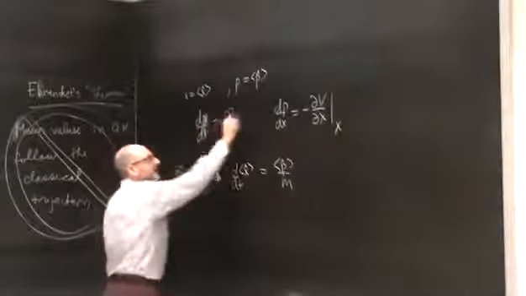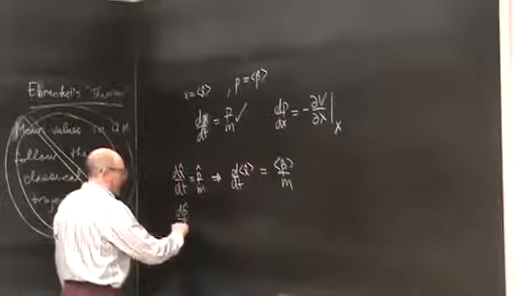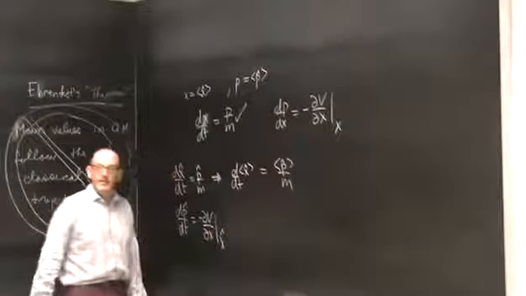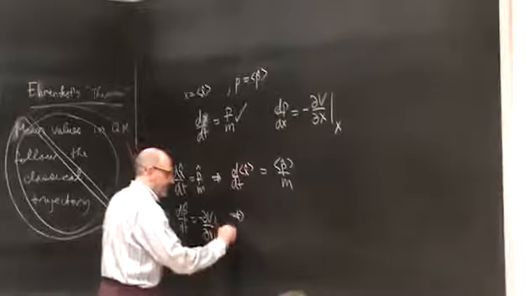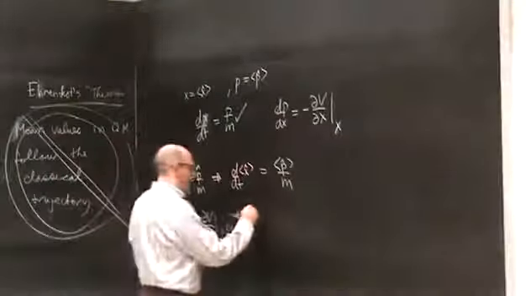However, if I look at the second equation, and take the expectation value of both sides, then I get that the rate of change of the mean value of momentum is equal to minus the expectation value of the derivative of the potential.